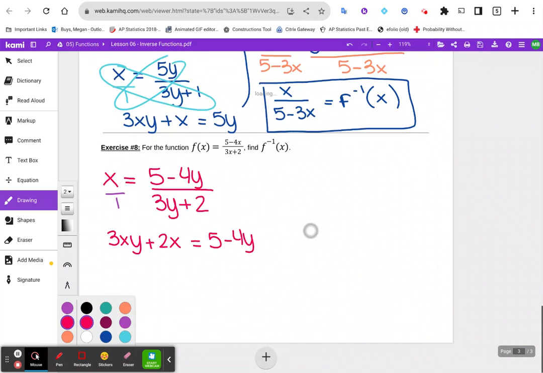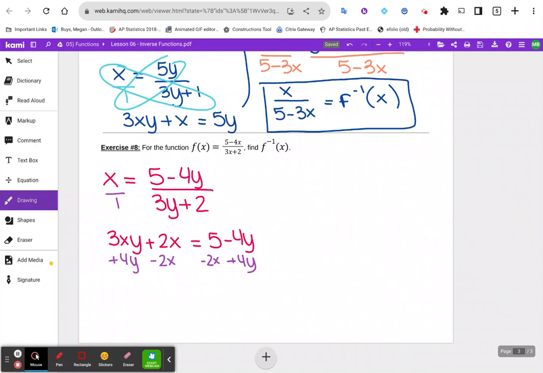Now I want y's together. So I'm going to add the 4y, and in the same step, I'm going to subtract the 2x. So I have 3xy plus 4y equal to 5 minus 2x. You could have negative 2x plus 5. It does not matter.